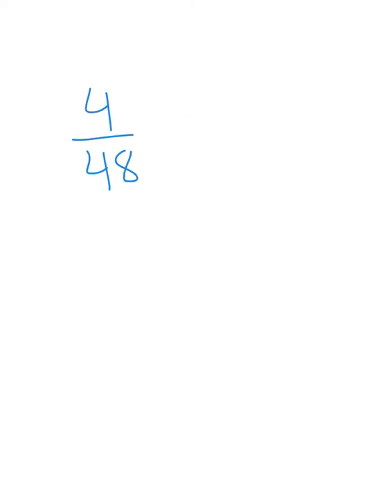All right, I'm going to do 4/48 now. I see that they're both even numbers, so I might start with 2 as a factor and see how far that gets me. So I know that 4 is equal to 2 times 2. And 48 is equal to 2 times 24.